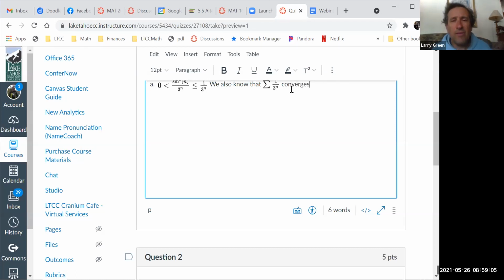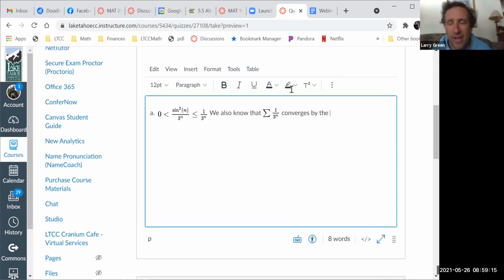converges. Why do we know it converges? So why does the summation of 1 over 3 to the n converge? Yeah, by the geometric series test, or GST, so you don't have to type the whole thing out.